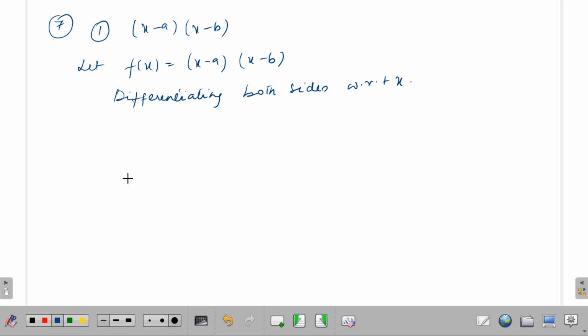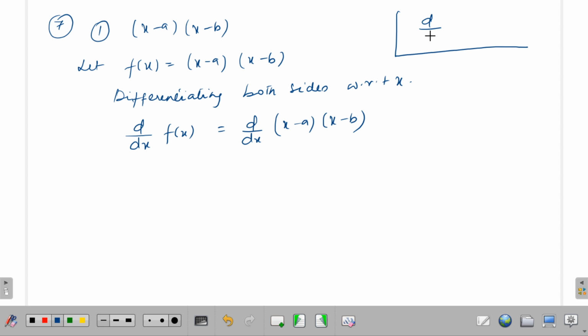So if I differentiate both sides with respect to x, I'll get here d by dx of your f of x. That's called differentiating. Which would be d by dx of your x minus a and then your x minus b. Always remember, your d by dx of your f of x is nothing more than your f dash x. That is known as your derivative or differentiation.